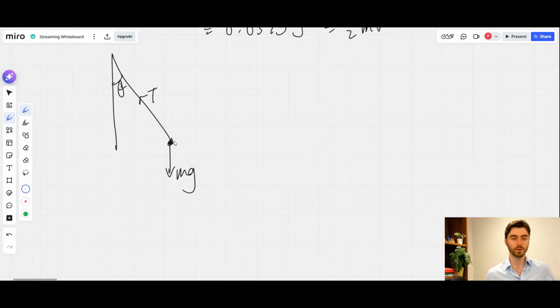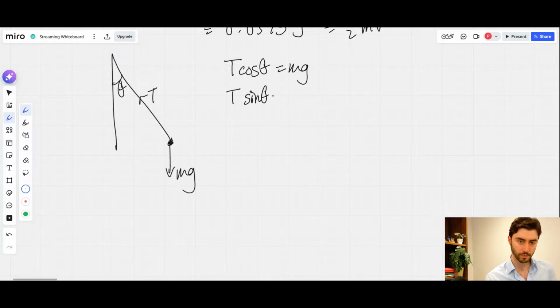So we know that T cos theta would equal mg, and we know that T sine theta would be the resultant force. So that would be the F, which is equal to ma, which is m omega squared x, where that x is the displacement, right?